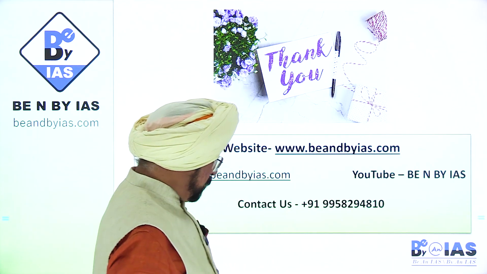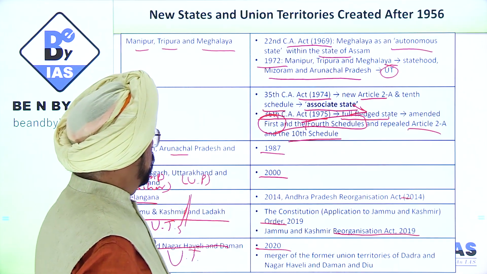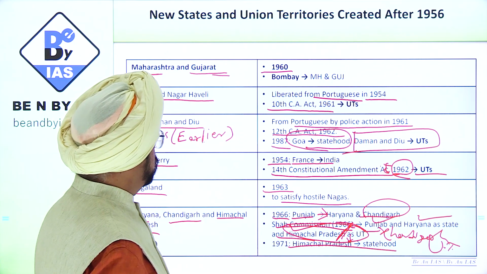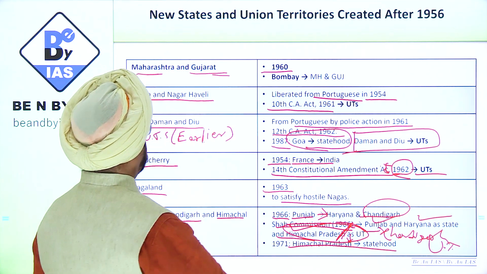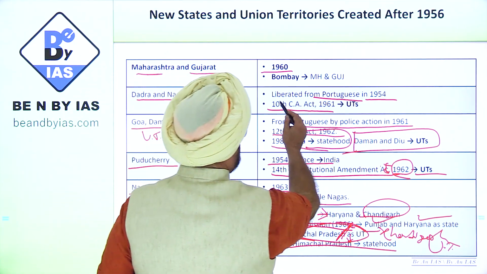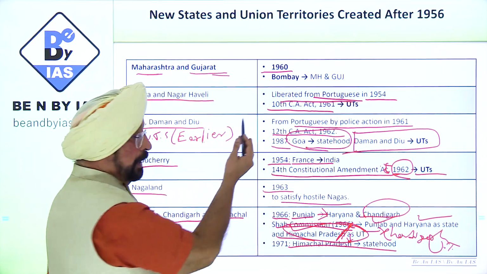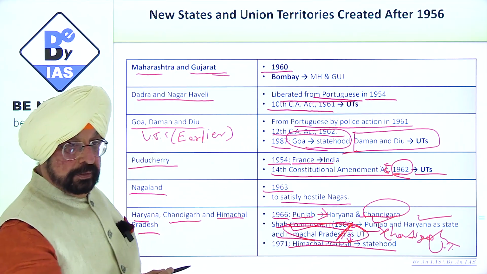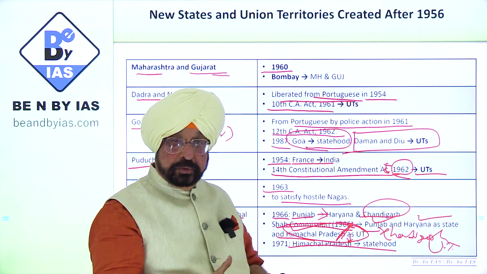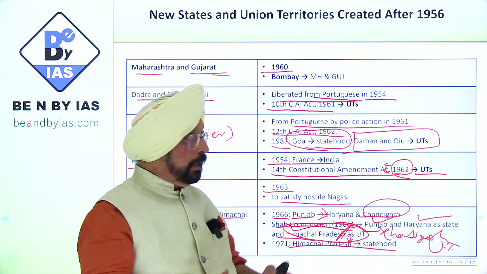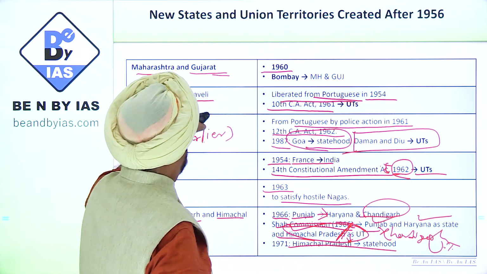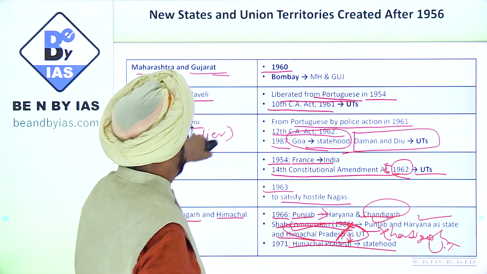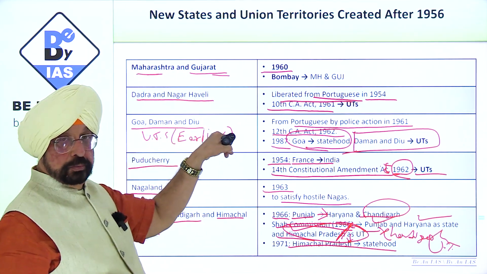Yes. I'll just go back and see what is there in the 10th and 12th constitutional amendment. They were liberated from the Portuguese and they were added to this. See, they were under foreign rule. Portuguese rule, both in the case of Dadra and Nagar Haveli and Goa, Daman and Diu.